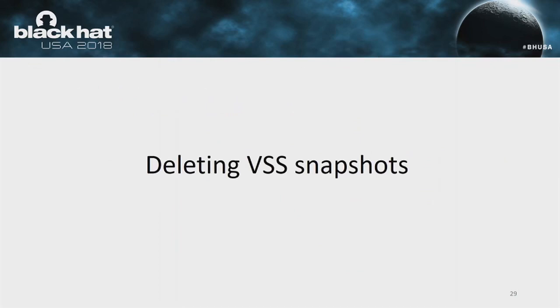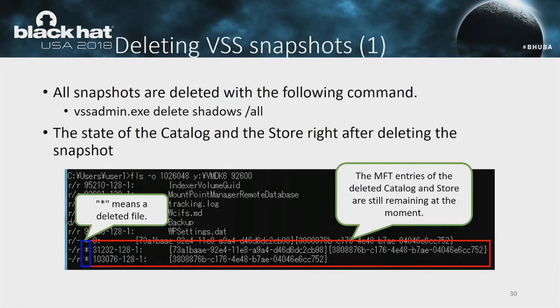Next, let's take a look at the behavior of snapshot deletion. All of the snapshots will be deleted if this command is executed. After the command execution, the state of the catalog and the store will be like this figure.